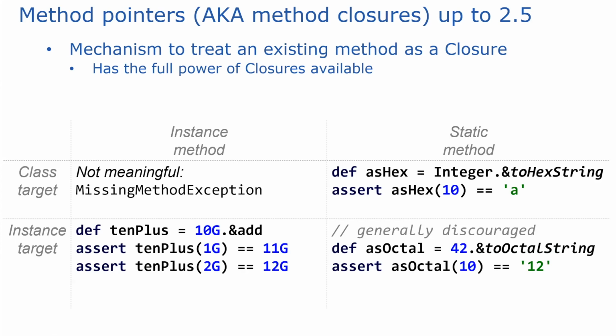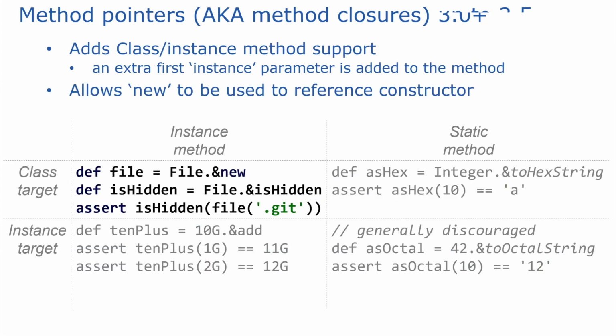and for a class target. It didn't really make a lot of sense to support the instance method and the class target. You'll get a missing method exception if you had done that. Well, now we allow you to fill in that part of the table there, and this is to align it with the double colon syntax that Java supports for its method references.